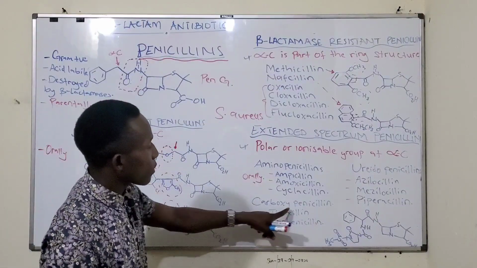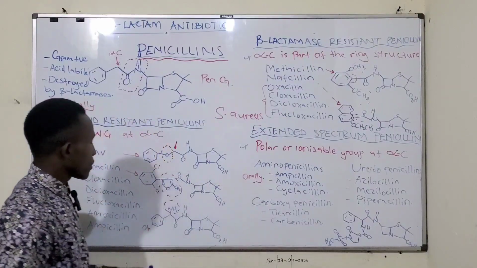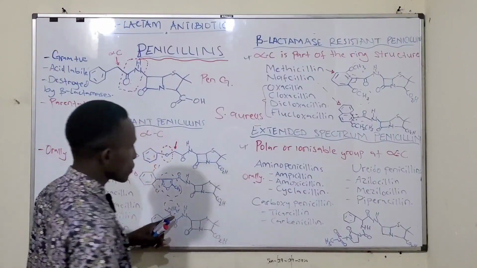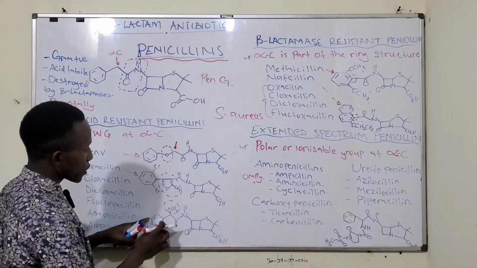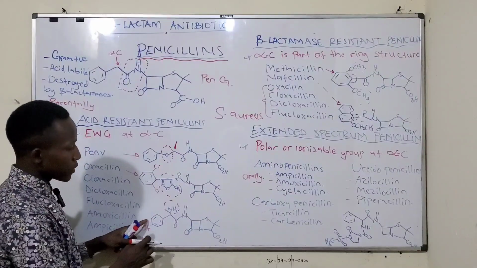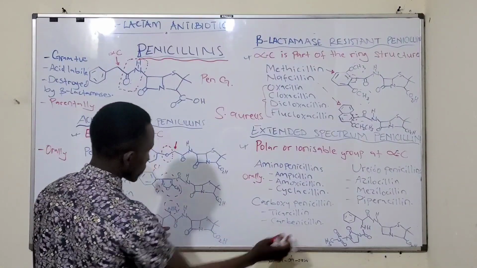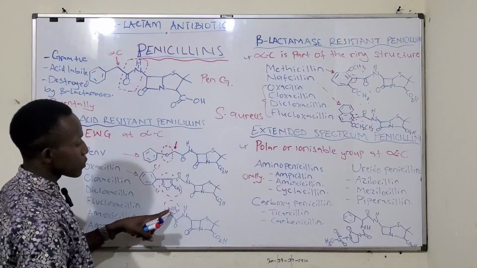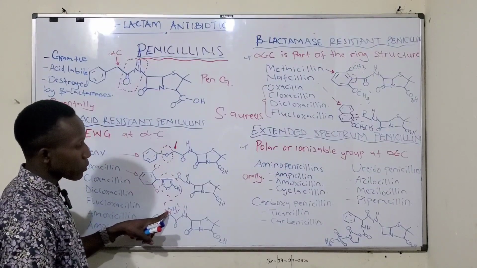Now, when it comes to carboxypenicillin, for example, ticarcillin, it has a carboxyl group here, though its structure here is a heterocyclic. For carbenicillin, it has a benzyl group, then it has a carboxyl group instead of the amino group.